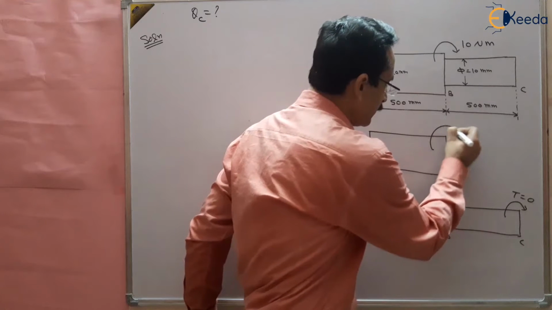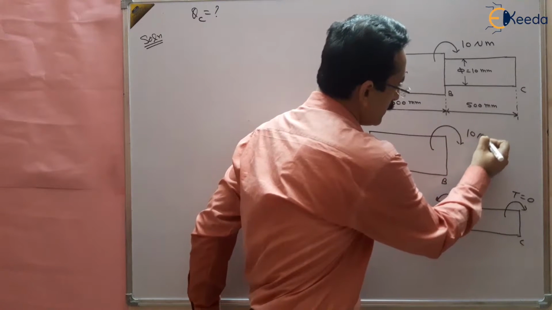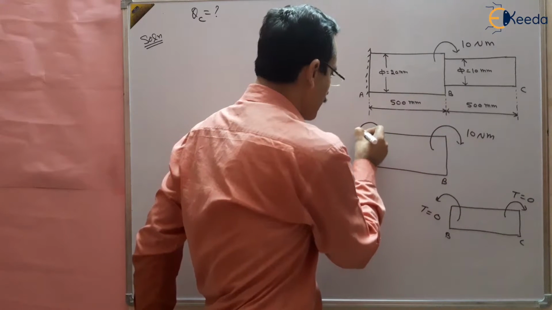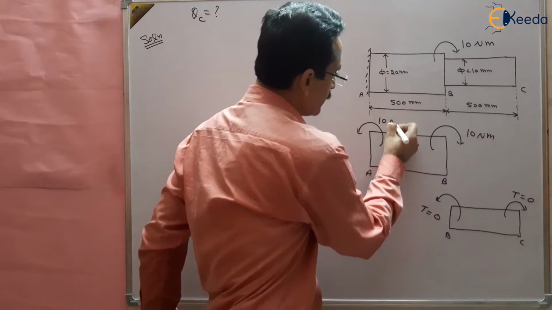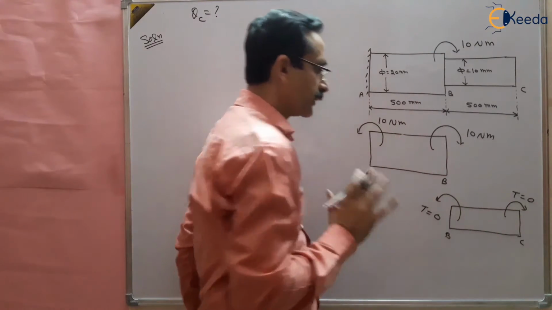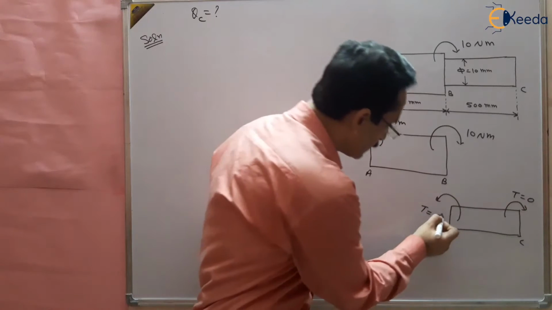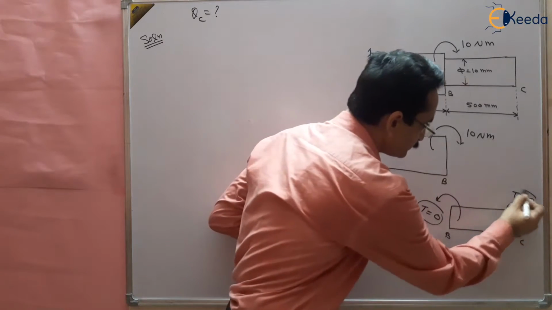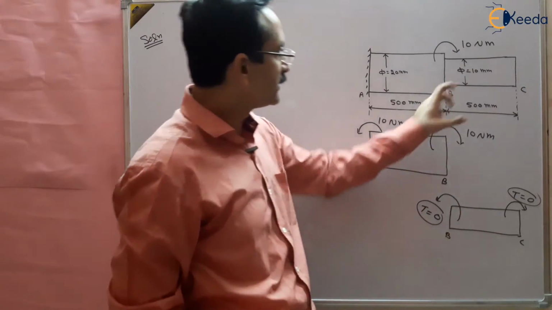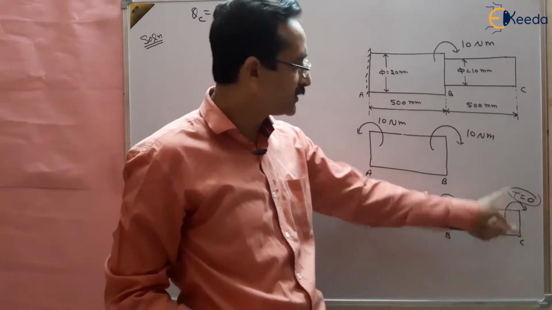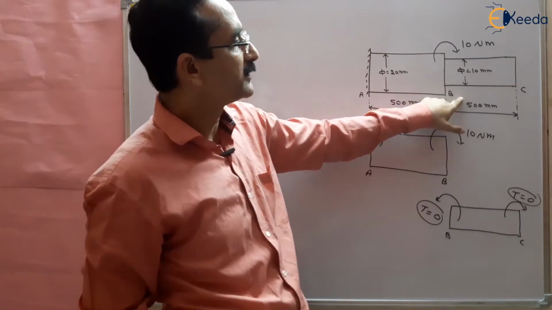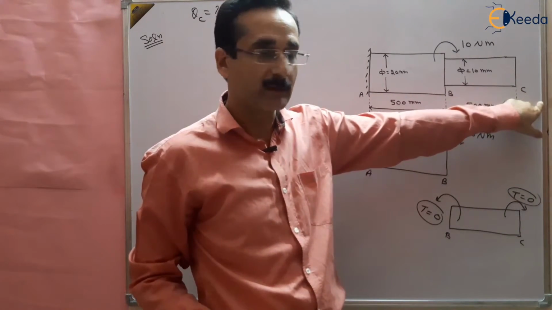So this will be 10 Newton meter here, and if it is clockwise then it should be anti-clockwise 10 Newton meter here, so that the body is in static equilibrium. This is the torque condition. There is zero torque in BC, so there is no torque to twist this part BC. Whatever the angle of twist of B is, the same will be the angle of twist of C.